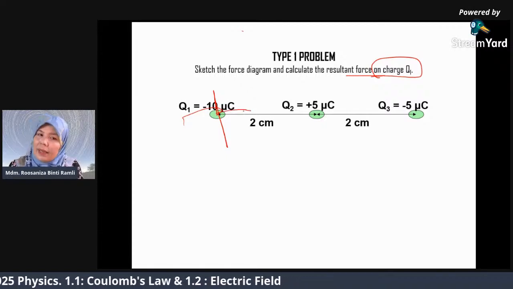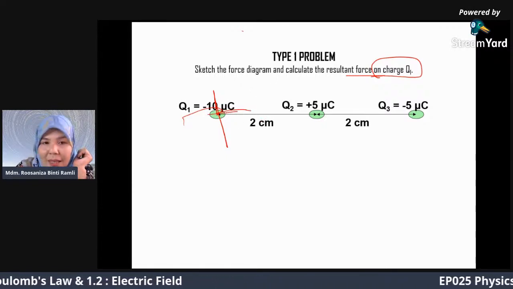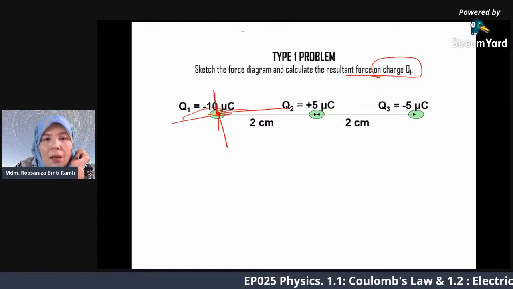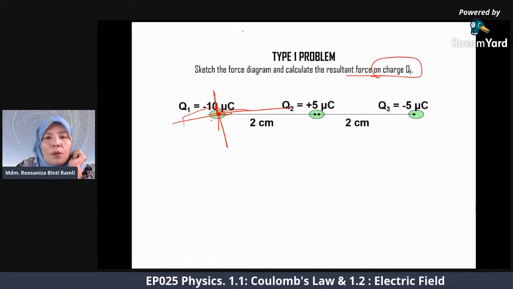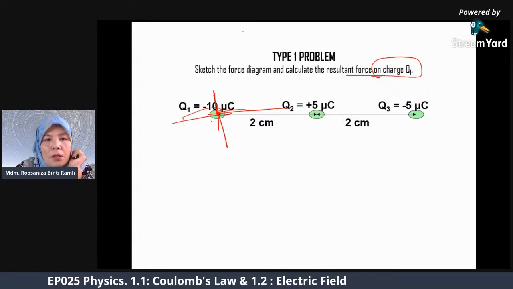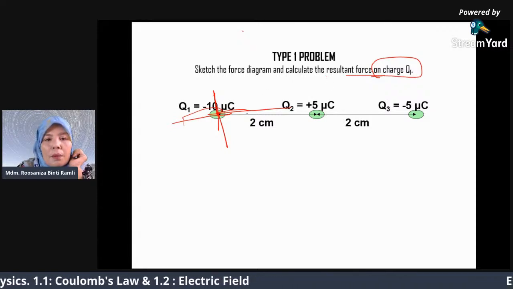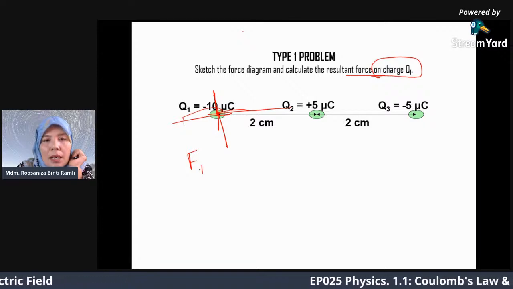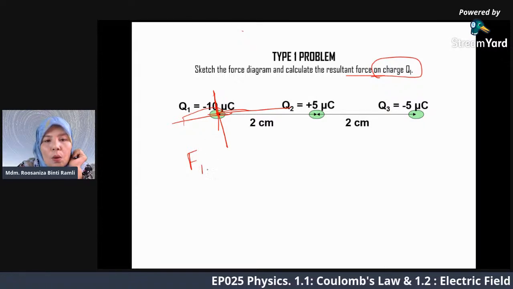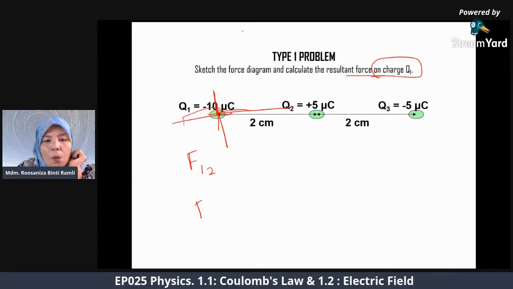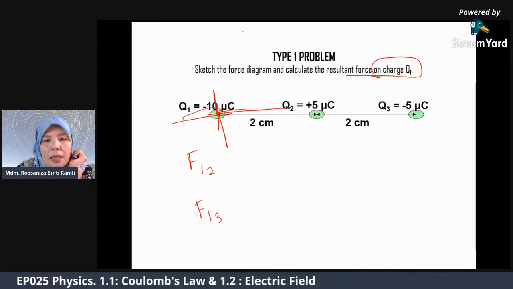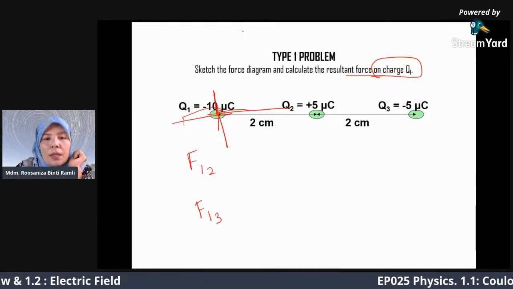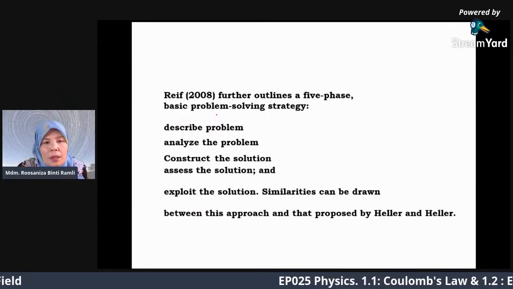Then you have to draw the direction of the force. So on Q1 we mean F1. We have three charges: 1, 2, and 1, 3. So for charge Q1 you have to draw the direction.